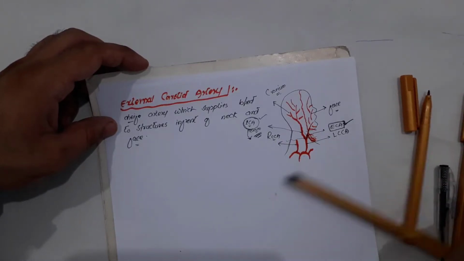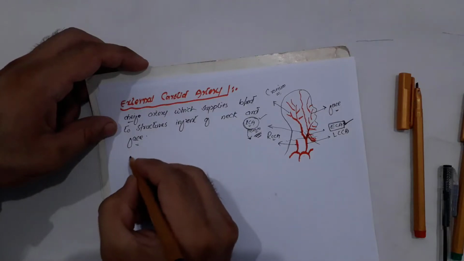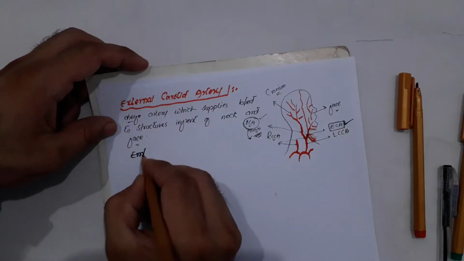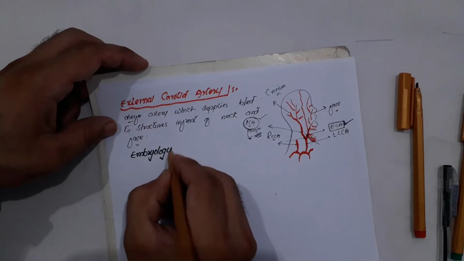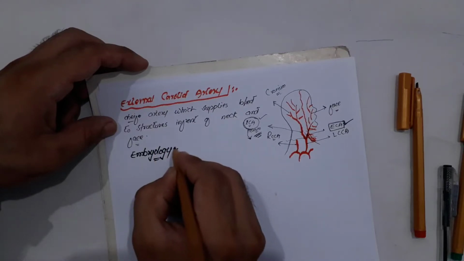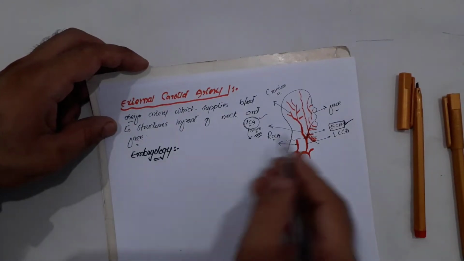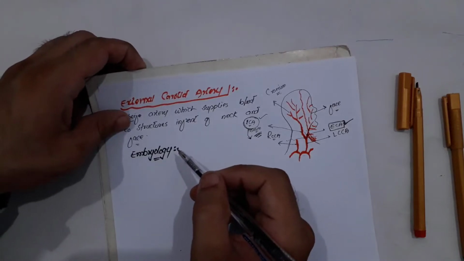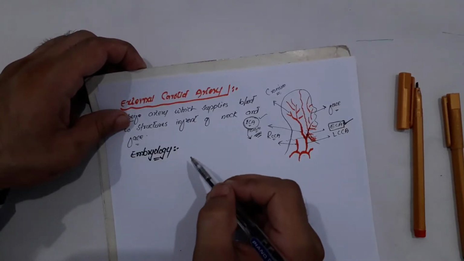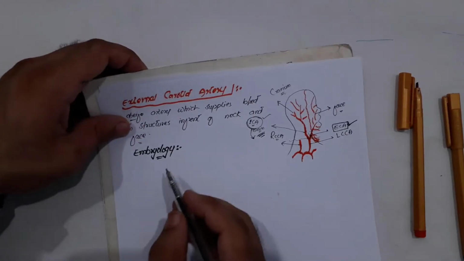Now, very little about the embryology of this artery. How is this artery formed? I'm not going into detail, but a little about the embryology of the external carotid artery. Friends, the aortic sac formation occurs in the 4th and 5th week of the gestational period.